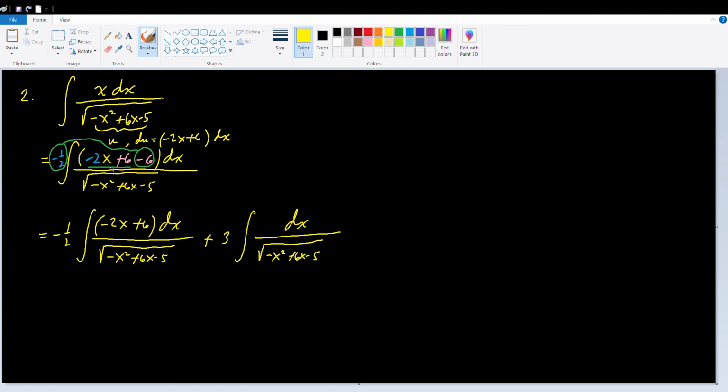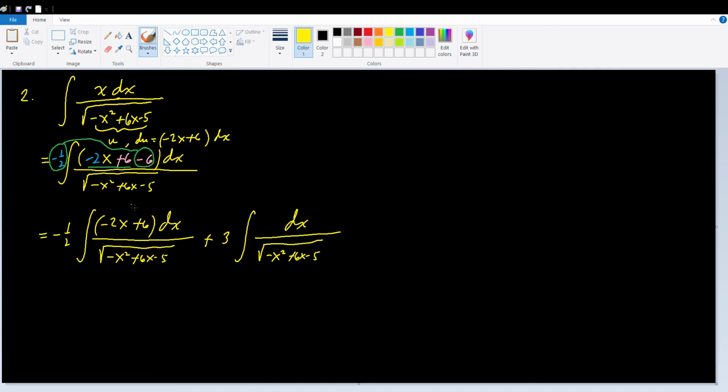So we are splitting this into two integrals. One where we have negative 2x plus 6 quantity dx all over the square root of negative x squared plus 6x minus 5, and negative 6 multiplied by negative 1/2 dx all over the square root of the same radicand.